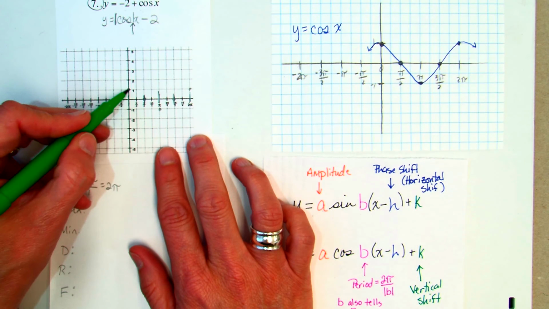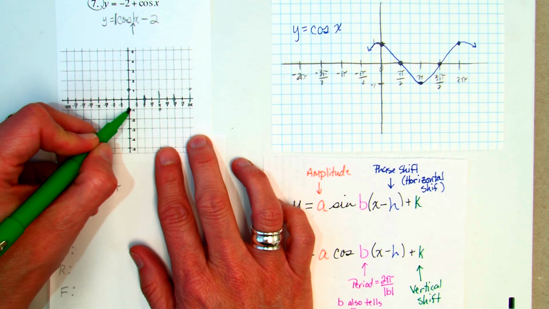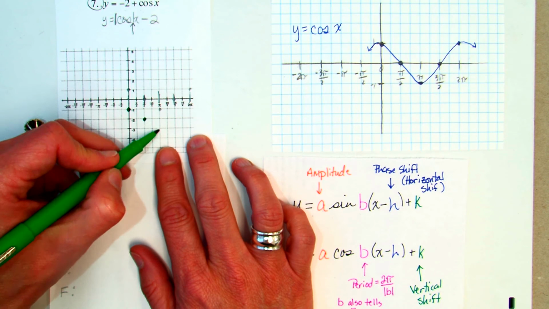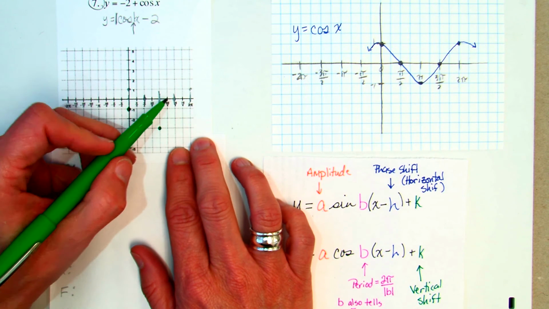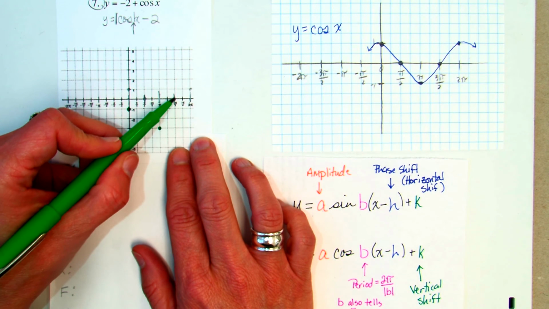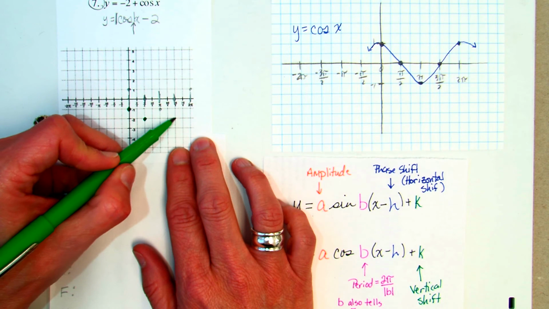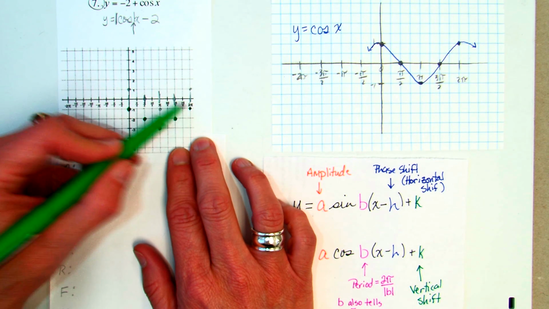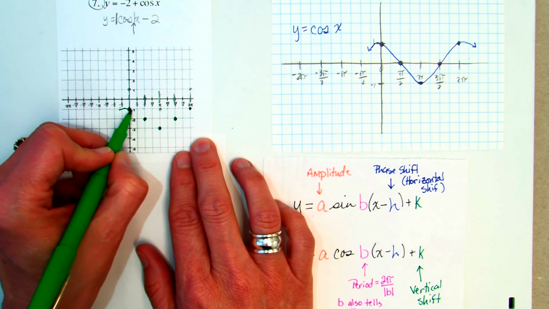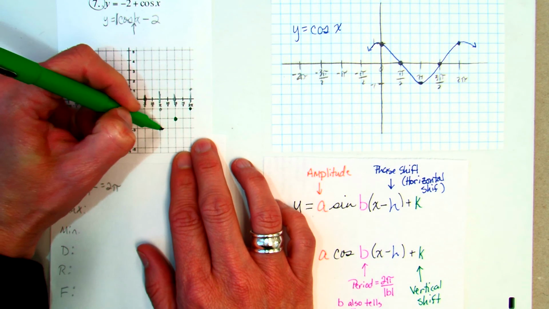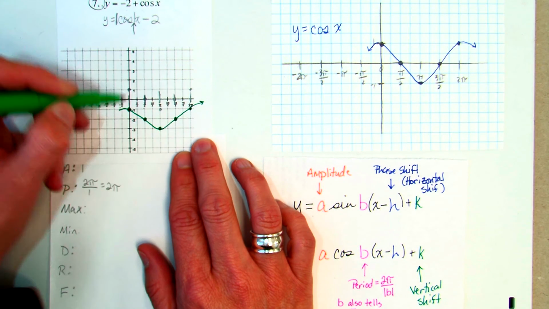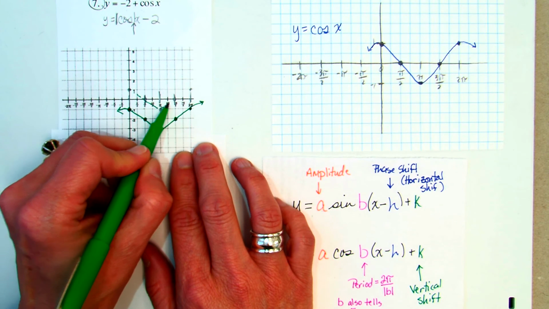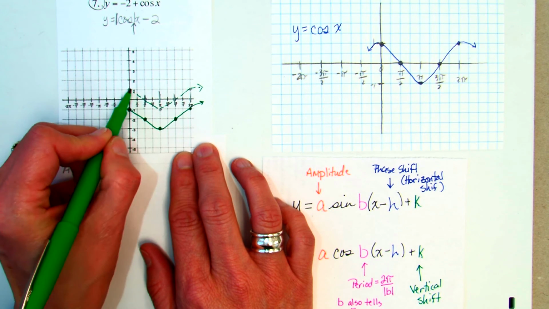So I've got to take this point and move it down 2 vertically. I have to take this point, shift it down 2 vertically. I've got to take this one, shift it down 2 vertically. I've got to take the point at 3 pi over 2, 0, and shift it down 2 vertically. And at 2 pi, I've got to take that 1 and shift it down 2 vertically. So this is my cosine curve of y equals cosine of x minus 2. It has taken this original and shifted everything down 2.